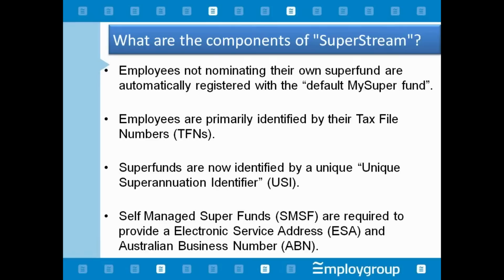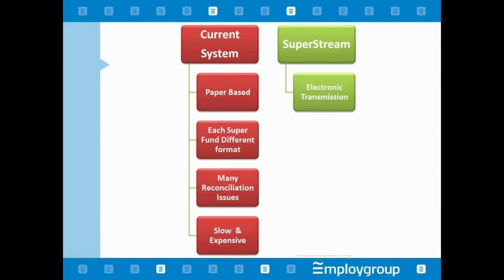And self-managed super funds are required to provide an electronic service address, an ESA, as well as their ABN. This gives a way of automating the whole process of superannuation fund contributions.